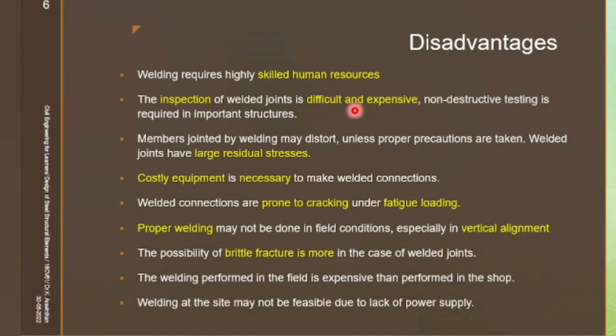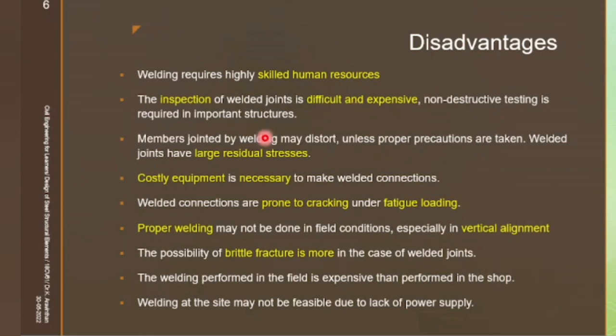How can you find this? By non-destructive testing, that is an ultrasonic pulse velocity test or a hammer test. You can do it and take the material property. Without an NDT test, you cannot 100% confirm whether you have a defect or not. This is one of the disadvantages.